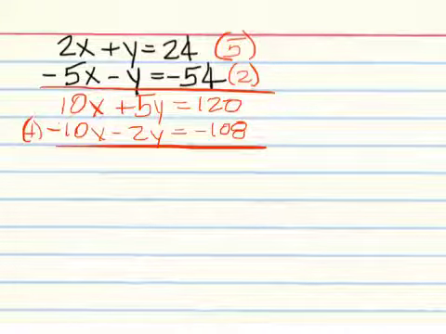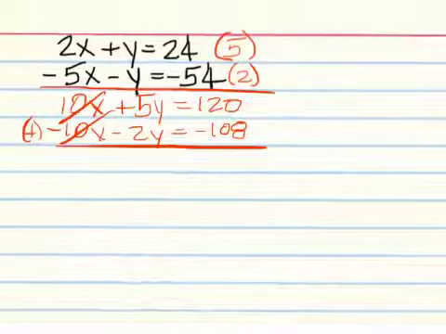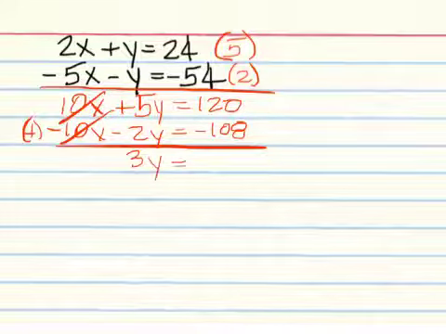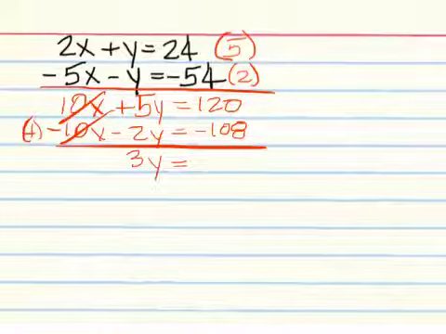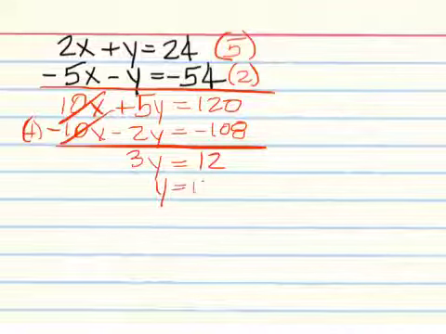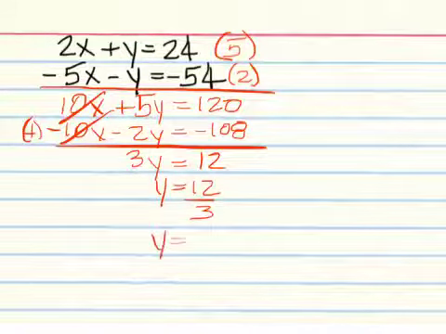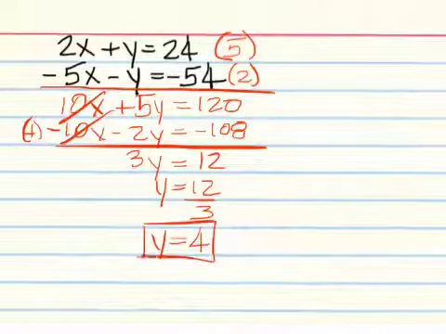Add, since you have opposite signs. The x's cancel out, and you'll have 3y equals 12. Divide 12 by 3 to get 4 for y.